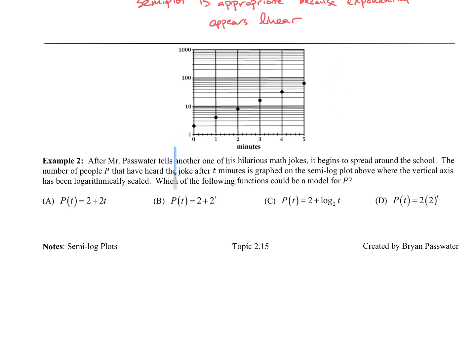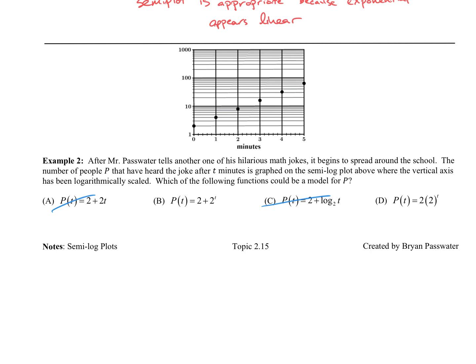It's linear. And if it's linear, what kind of function was it? It was exponential. So what two choices can I get rid of right away? A and C, exactly, because those are not exponential. Now I'm between B and D.